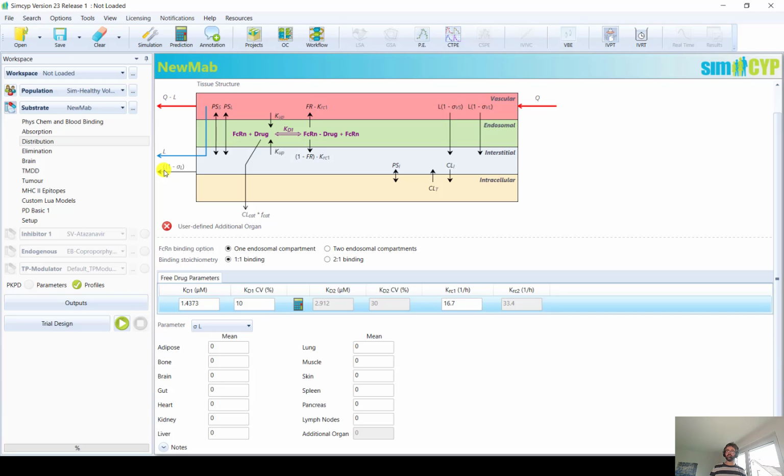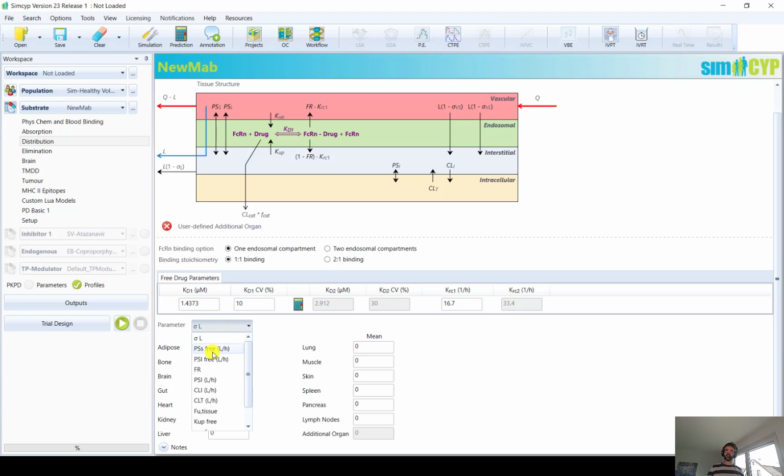Very often this value is assumed to be 0.2. In the simulator we're having a value of 0 because the endothelium surrounding the lymphatic vessels is very leaky with high pores, so there seems to be no evidence that an antibody cannot distribute into the lymphatic system from the interstitial space, and hence why we don't have any restriction on that.